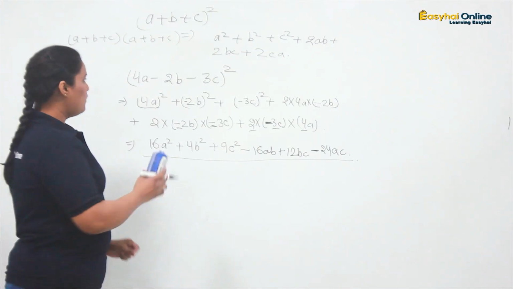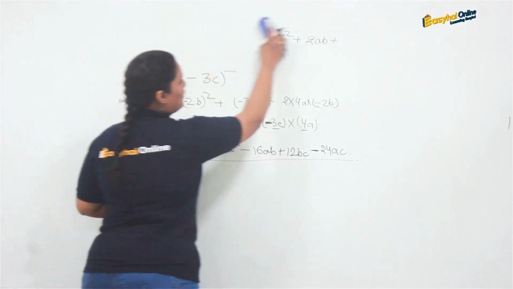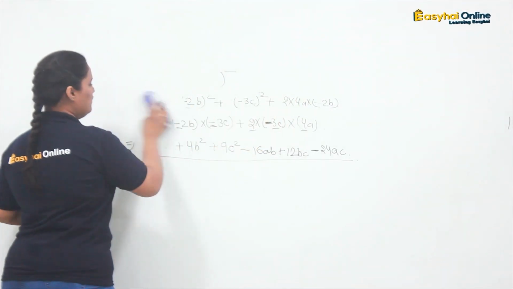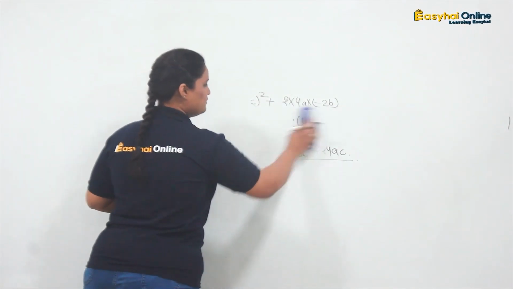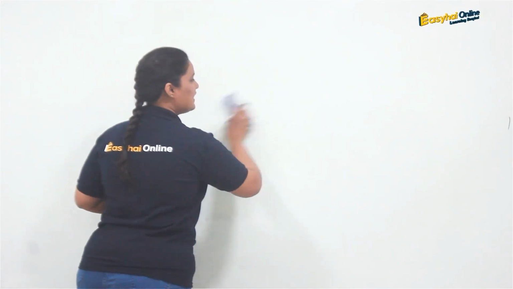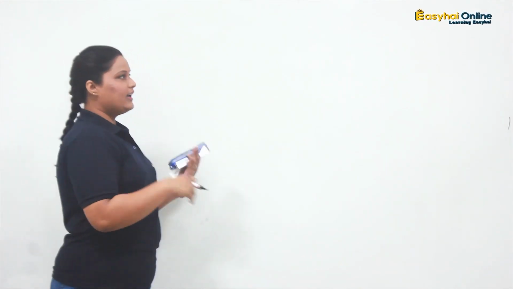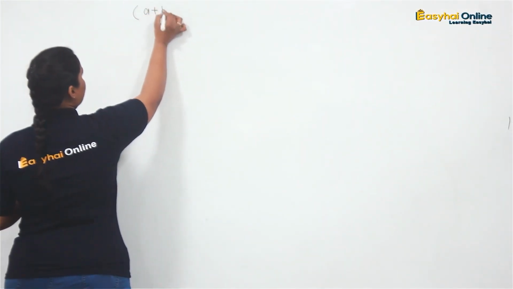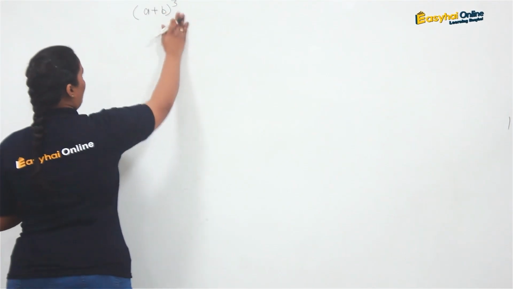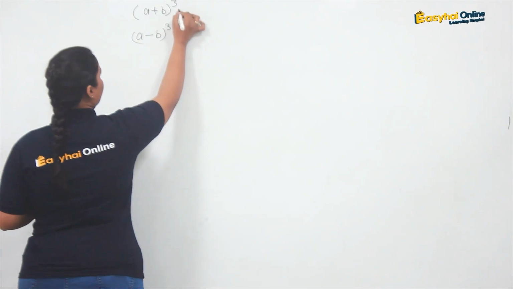Okay, now I am moving to the next identity. This is about cubes, how to solve cubes of a polynomial. When we multiply a polynomial by itself 3 times. A square is when we multiply a polynomial twice by itself, and cubic means cube, like (a plus b) whole cube, or I will also write (a minus b) whole cube.